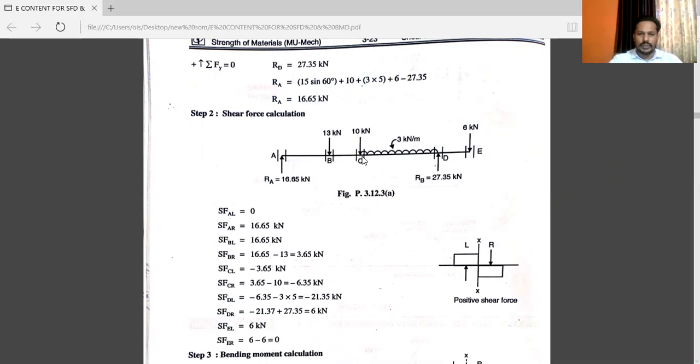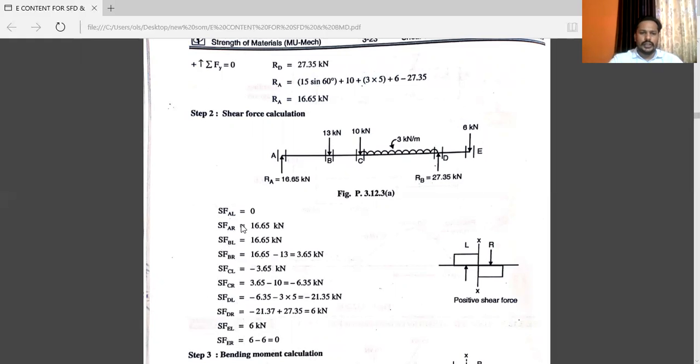at point C just to the left, at point C just to the right. Again here at point D just to the left, just to the right, at point E just to the left and just to the right. See, you have to write shear force at point A just to the left, shear force at point A just to the right, and likewise at points B, C, D, E, just to the left and just to the right.